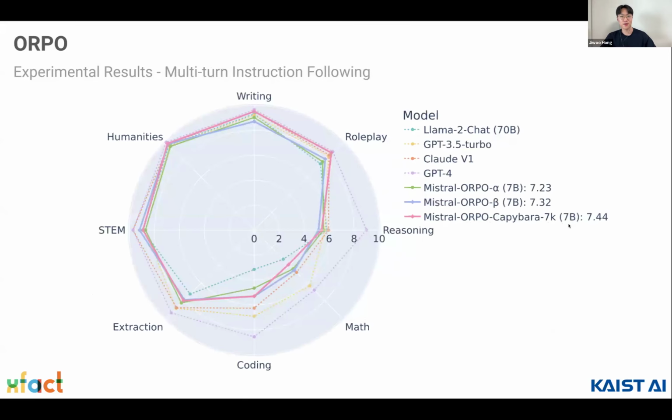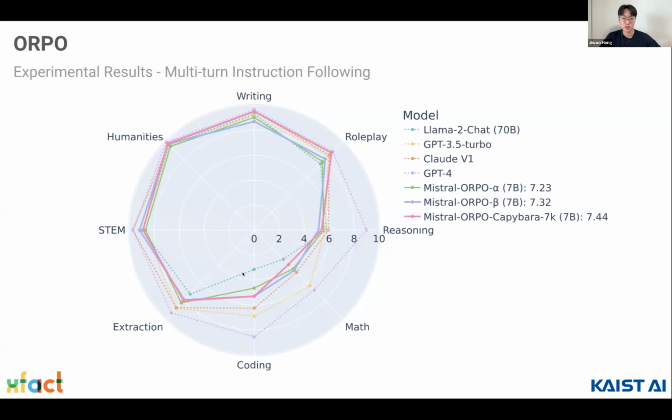Yeah, okay, great. So we discussed on the IFEval, and if we go to MT-Bench, which is another really interesting benchmark for evaluating the instruction following models. So Mistral ORPO Alpha, Beta, and the Capybara checkpoint, which is announced after the paper, achieves really high performance.